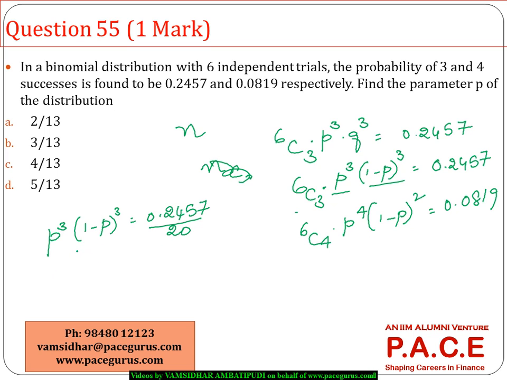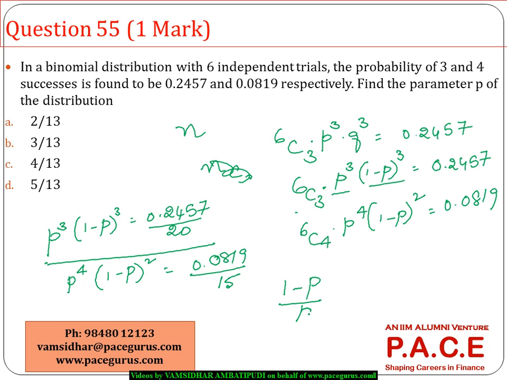Or the other way to look at it is, when I divide both of them, p power 4 into (1 minus p) squared is equal to 0.0819 by 6C4, which is 15. So if I divide these two, the whole thing is working out to (1 minus p) by p is equal to this value.